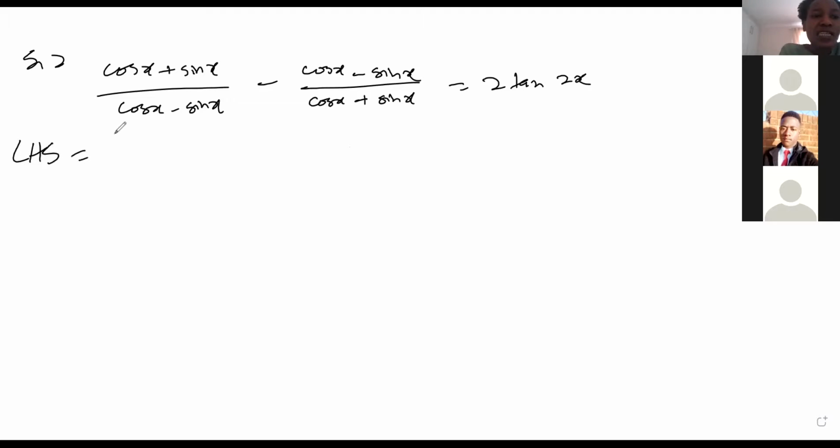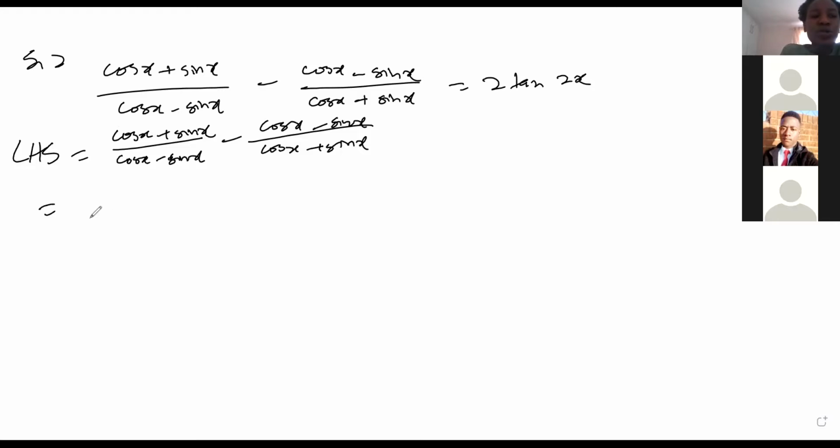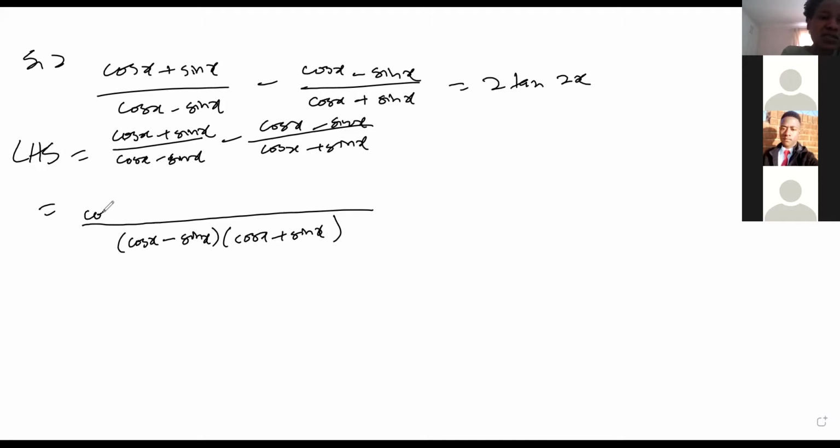So the left hand side is (cos x plus sine x) over (cos x minus sine x) minus (cos x minus sine x) over (cos x plus sine x). The lowest common denominator means we multiply both of them: (cos x minus sine x) and (cos x plus sine x). Then here, we put cos x plus sine x, and when we divide the denominator by that, we get a remainder of cos x plus sine x.